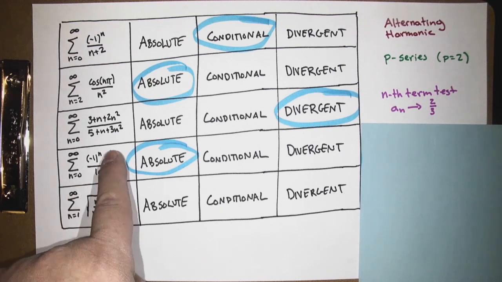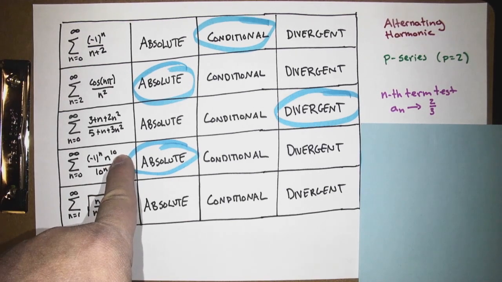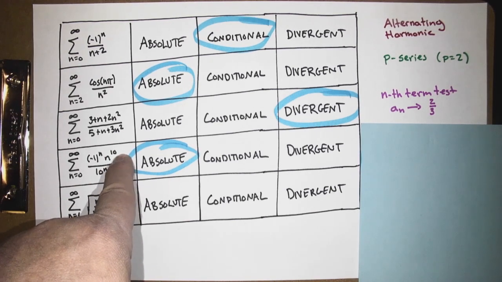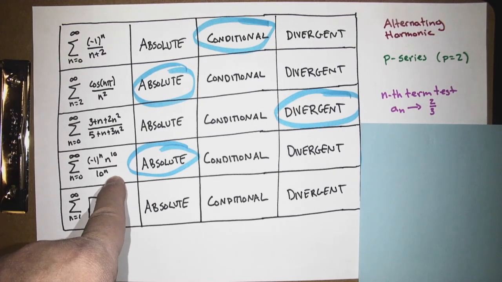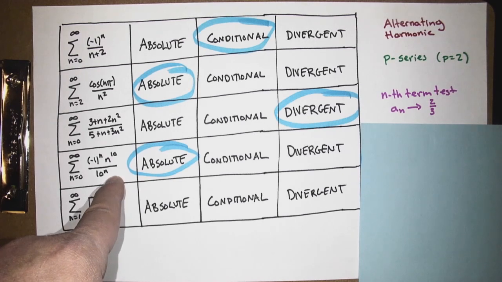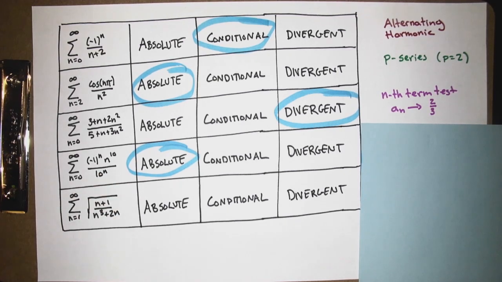But really, what do you have upstairs? Polynomial. What do you have downstairs? Exponential. Who wins the race? Exponential wins, and it's a lot bigger. So this should be something that we expect converges. If you take the root test, you get rho equals 1/10, and that's less than 1.